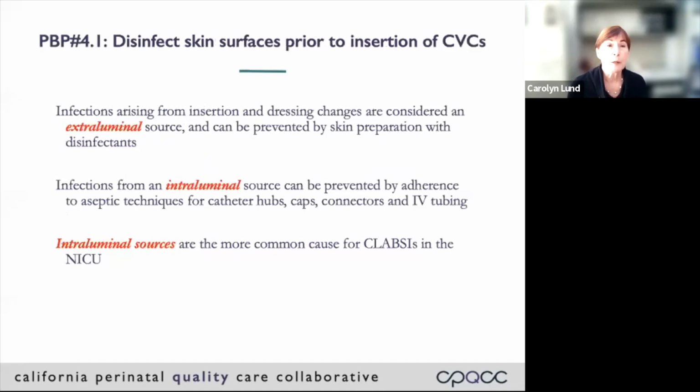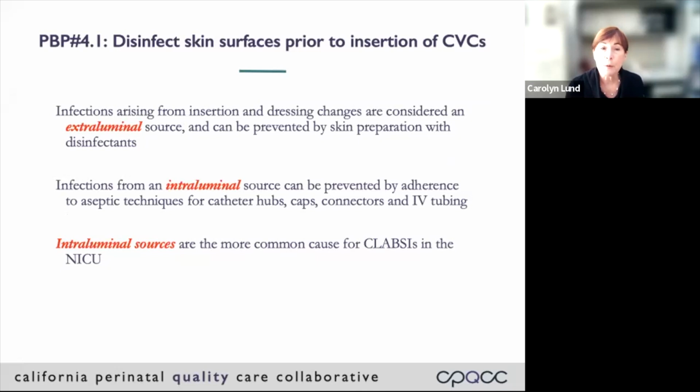Next slide. So the potentially better practice that I selected for the first one is the recommendation, as we all know, to disinfect skin surfaces prior to insertion of central venous catheters. However, I do want to make the distinction in terms of the source of infections. Infections that arise from both insertion and dressing changes are considered an extraluminal source and can be prevented by skin preparation with disinfectants, among other things.